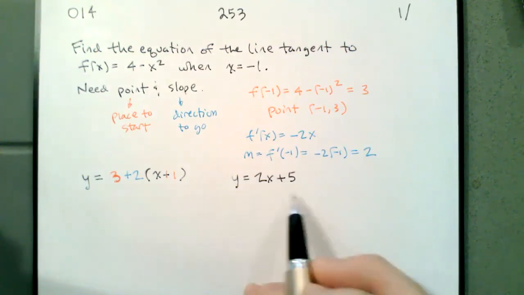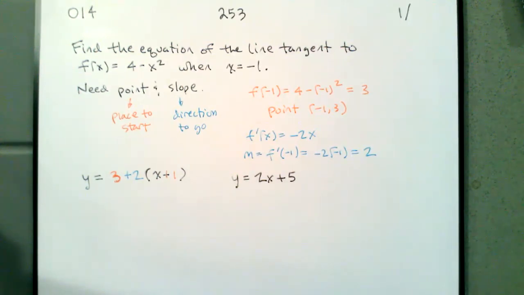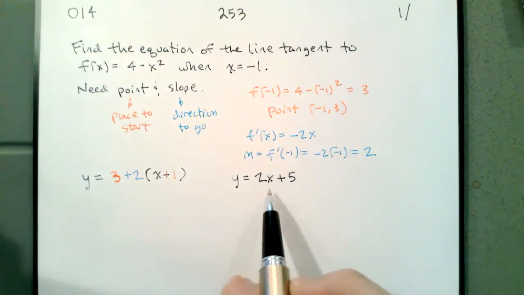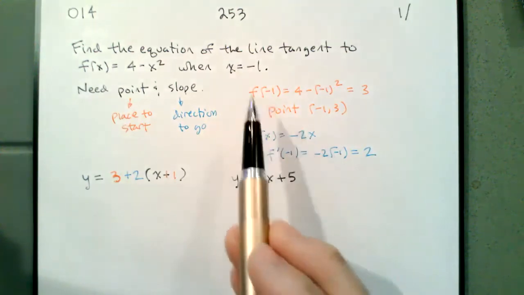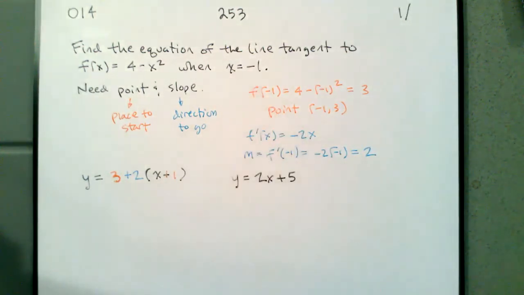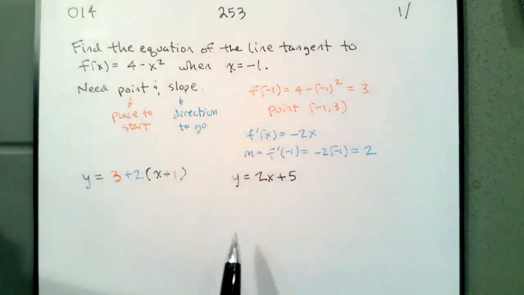Show of hands, who wrote 2x plus 5? Whose indoctrination is so strong that you only write mx plus b? This is what's happening near x equals 0, and that ain't got nothing to do with what I'm asking about. I'm concerned about what's going on with -1, not way over at 0. So I'm just making fun. It truly doesn't matter.